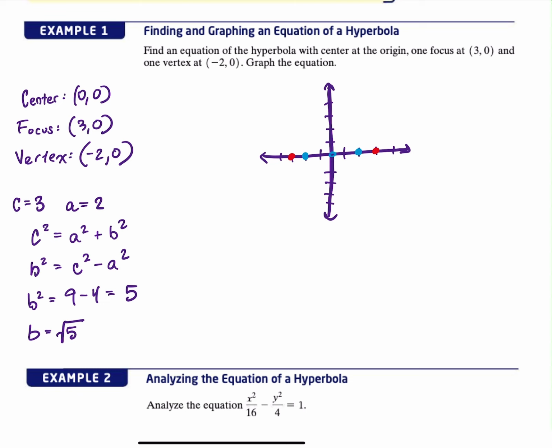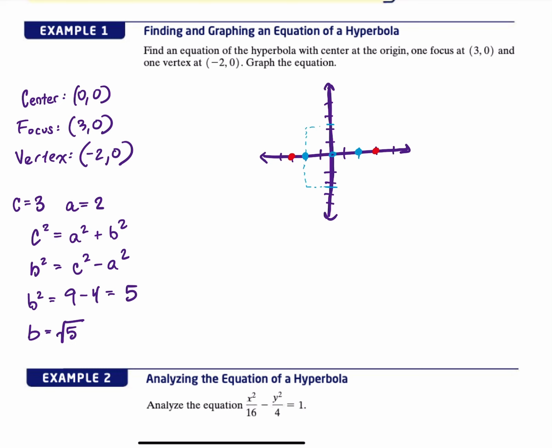So let's graph it first and then build the equation. We have our vertices, which are the outer edges of that box. And the B value will tell us how far to go above and below the center point. So it's a little more than 2. So something up here and then going 2 units down about here.